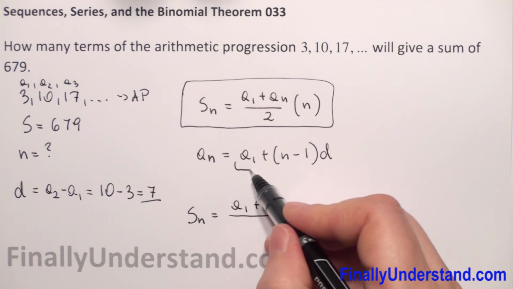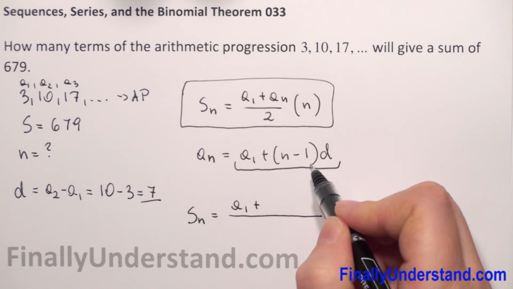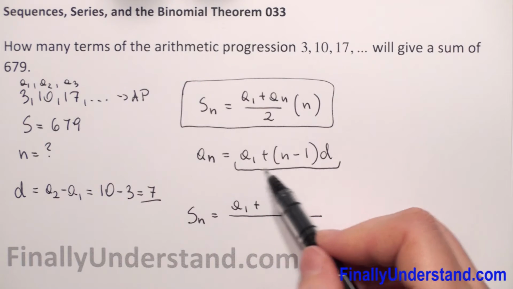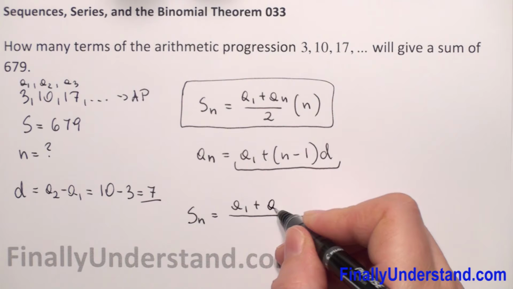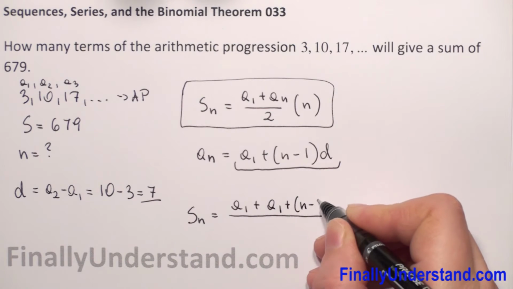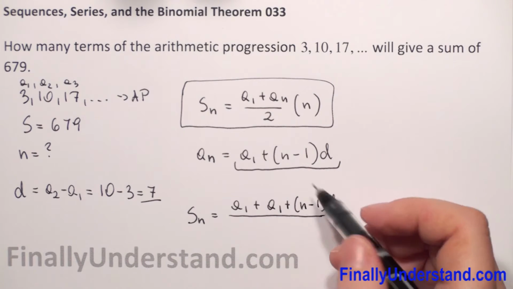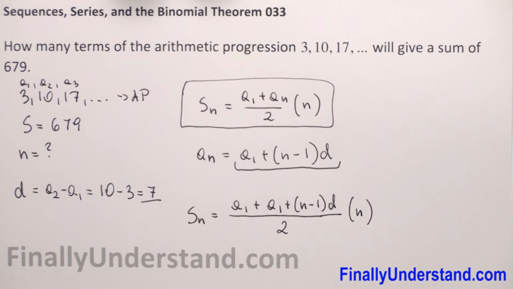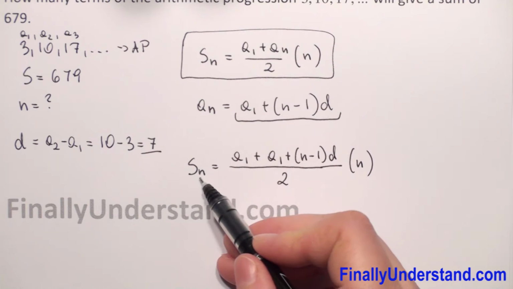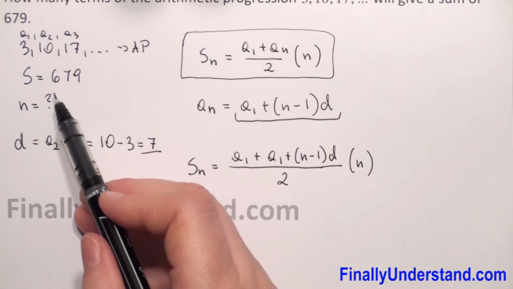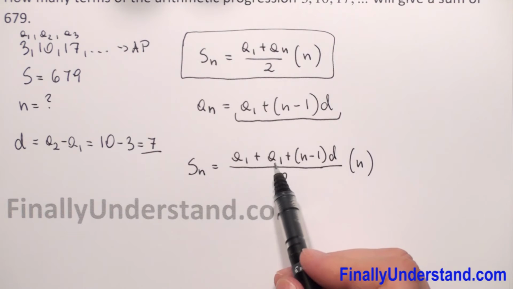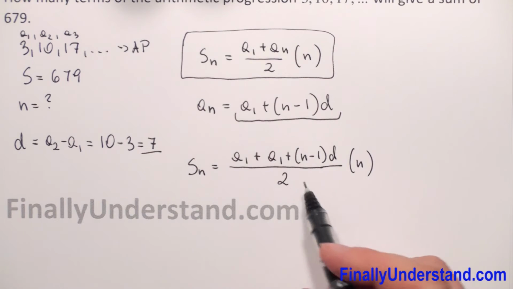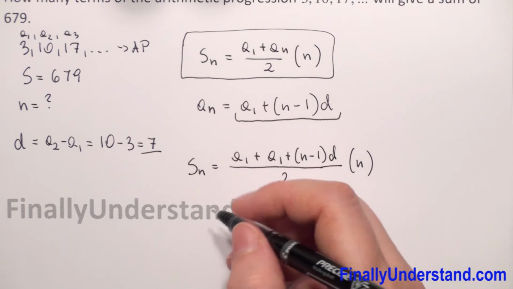We have that an is a1 plus n minus 1 times d, so we can substitute an by this form. So this is a1 plus n minus 1 times d, and we copy over 2 times n. What next? We have given that the sum is 679. We have a1, we have d, and the only unknown is n here. So let me substitute everything we have given.